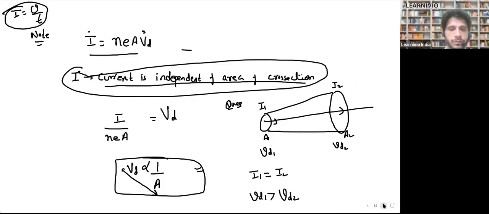Okay, the next is not a question. We'll do one more topic. Let's start with Ohm's law.